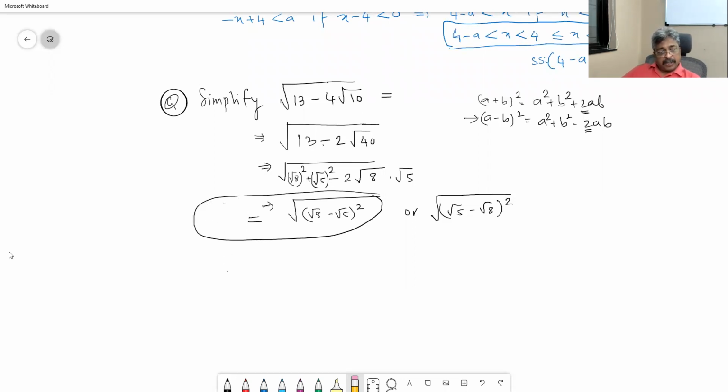After this step, you are supposed to report your answer. Root 8 minus root 5 is the correct answer, and root 5 minus root 8 is the wrong answer. Why?